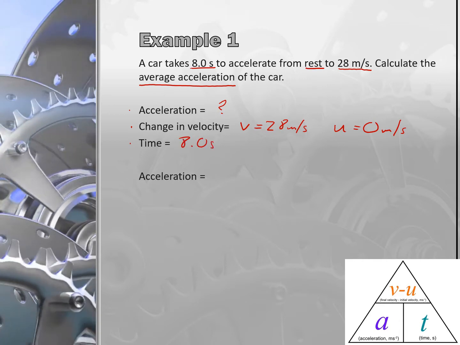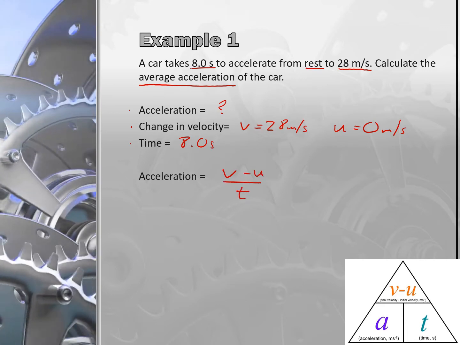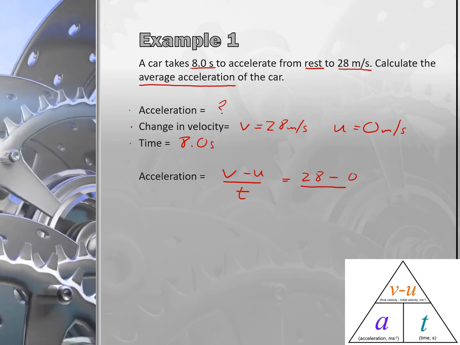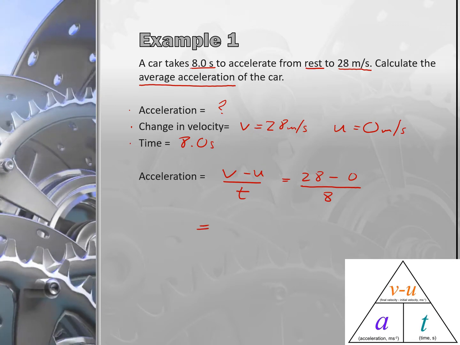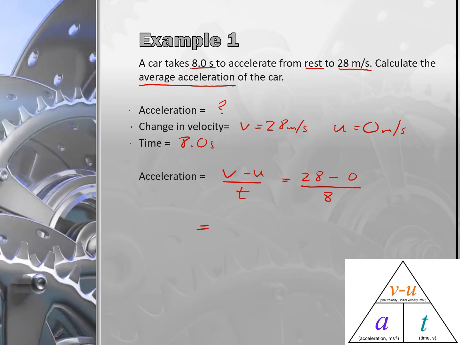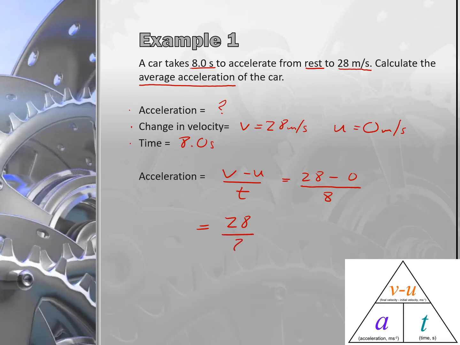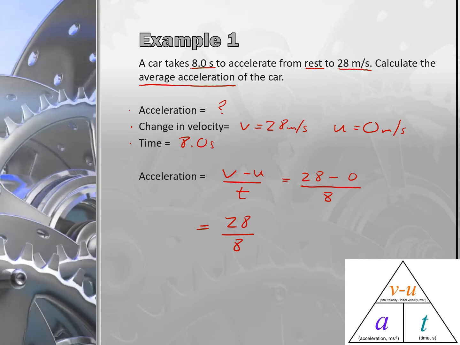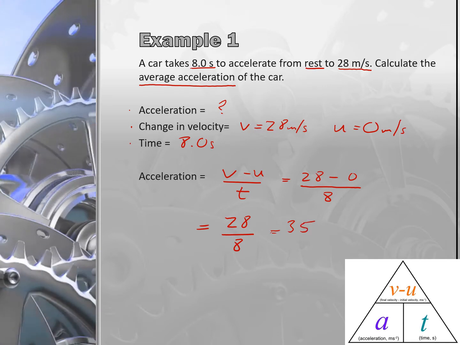So the acceleration is going to be v minus u divided by t, which is going to be 28 minus 0 divided by 8. The acceleration is therefore change in velocity, which is going to be 28 divided by 8, which is going to be 3.5, and then we remember our units.